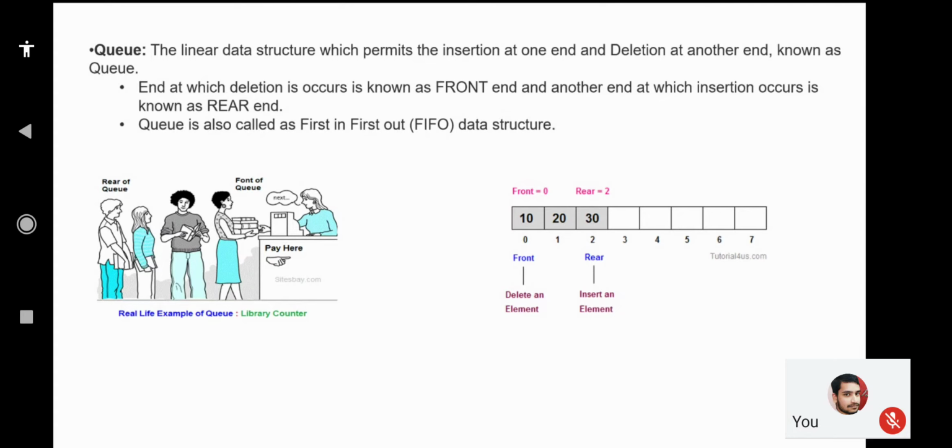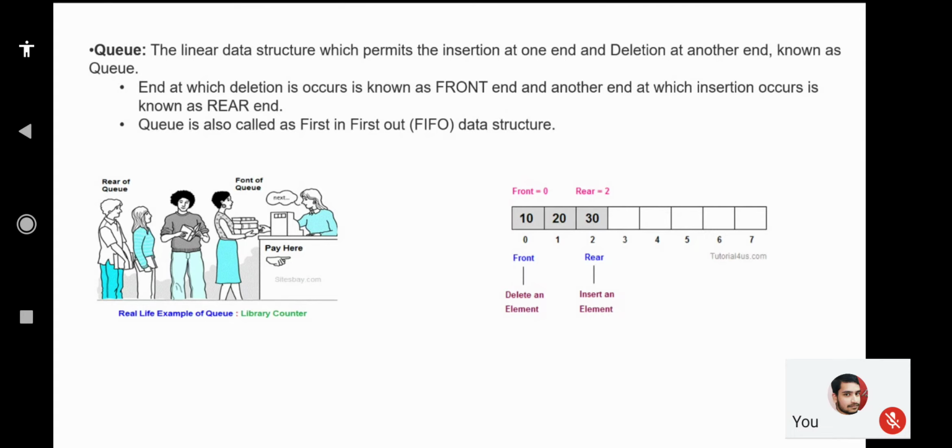FIFO, that is first in first out. The element that comes first into the queue is always deleted or out first. That's why this is FIFO, first in first out.